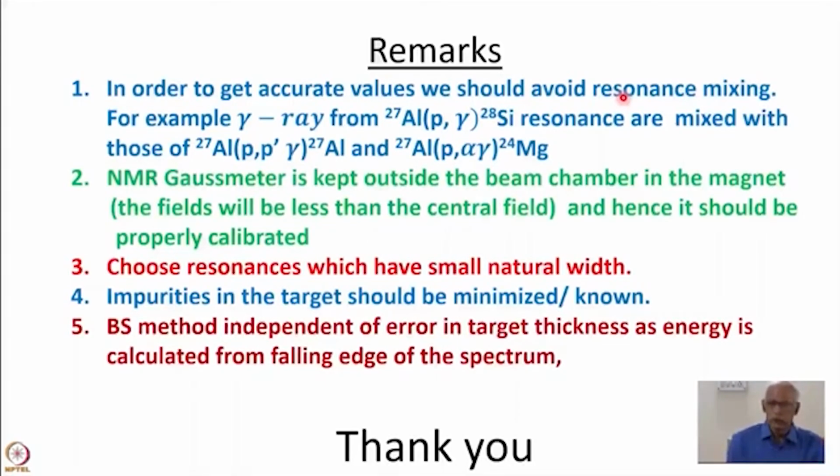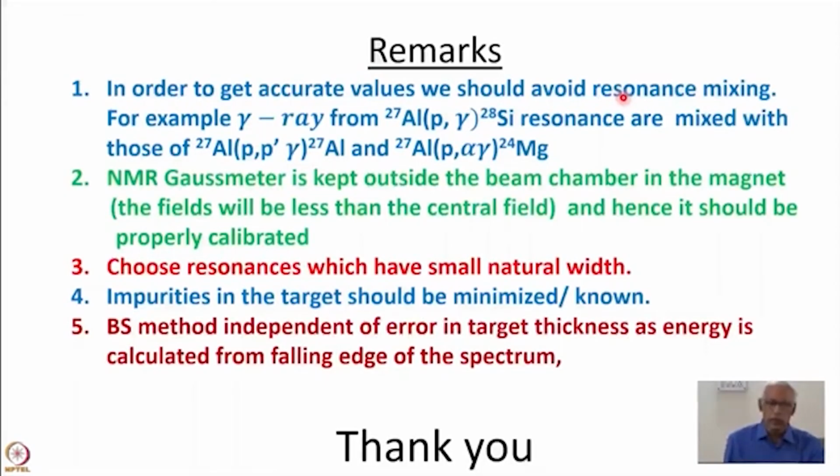Choose the resonances which have a small natural width, because if you have large width, then uncertainty increases. So we should have resonances which have very small width. Another thing which we have to take care of is that impurities in the target should be minimized, or at least we should know them so that the correction can be made.